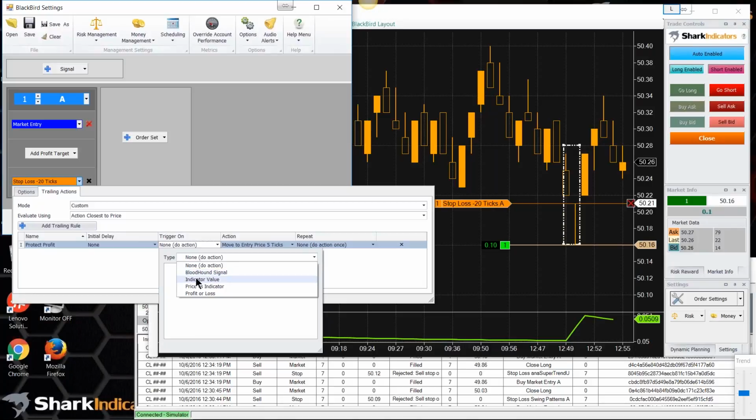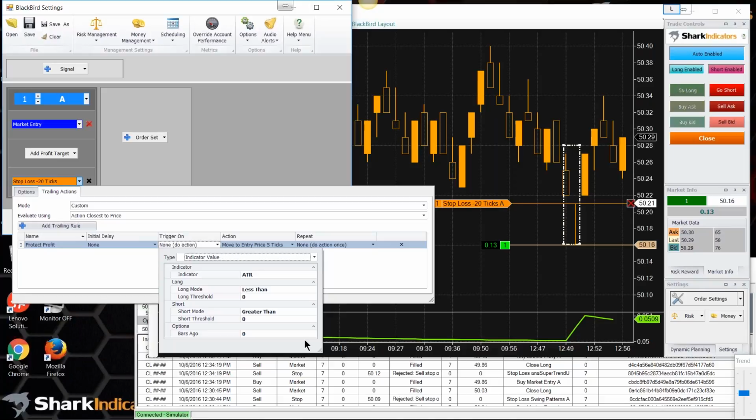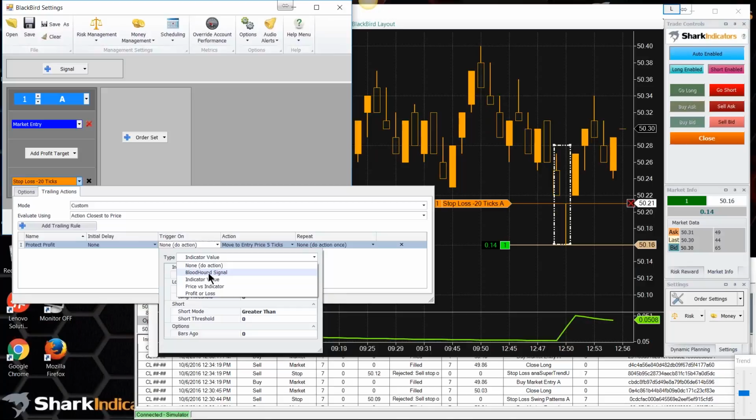Or maybe you have some kind of custom indicator that says, move your stop loss to break even plus 5 ticks, something like that. So there's two options there to use some kind of a variable decision-making option for moving your stop loss.